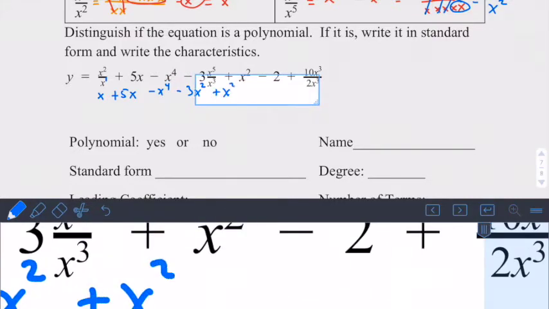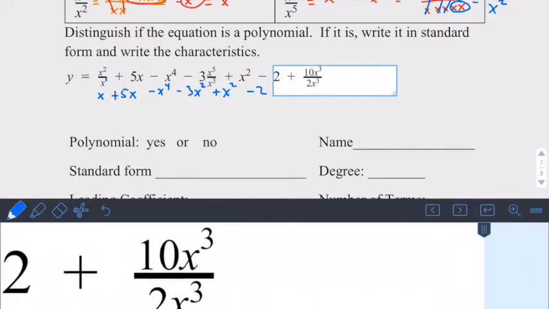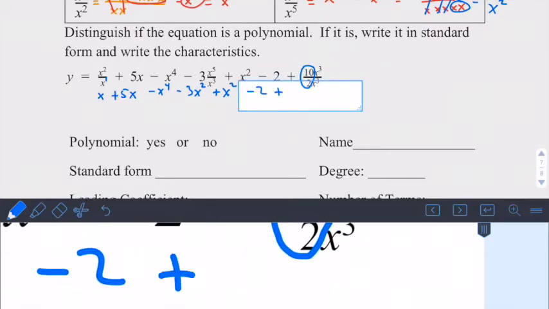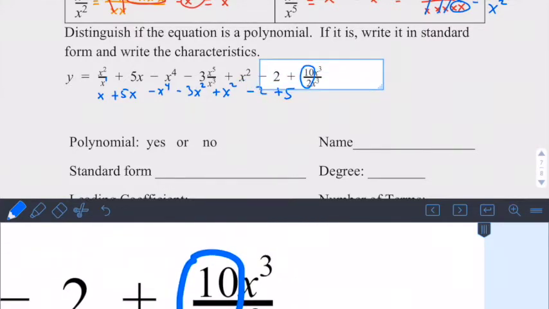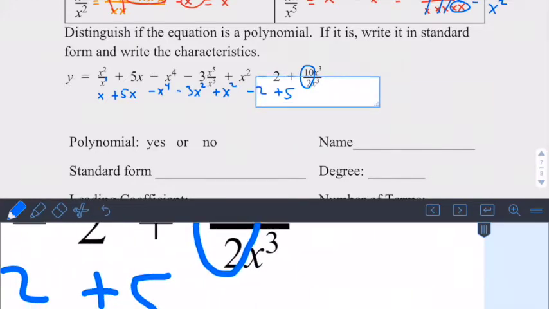Plus x squared, there's more like terms. Minus 2, and then this one, it's 10 divided by 2, right, which is just 5. And x cubed divided by x cubed, that's 1. So 5 times 1, which is just 5.